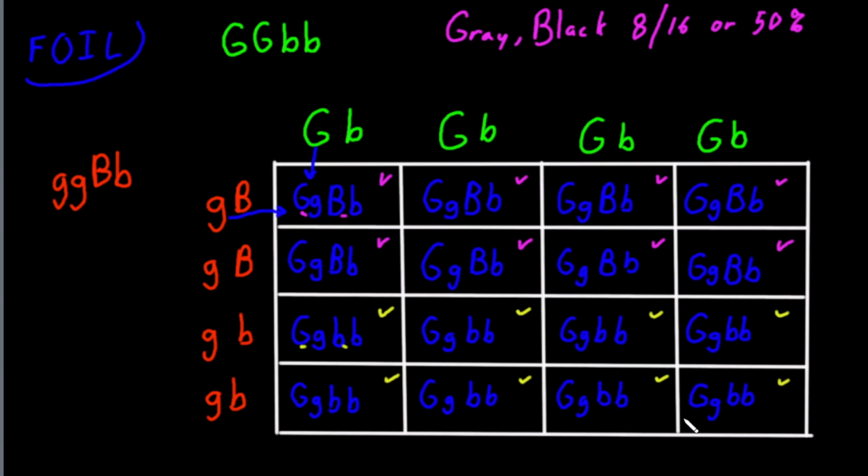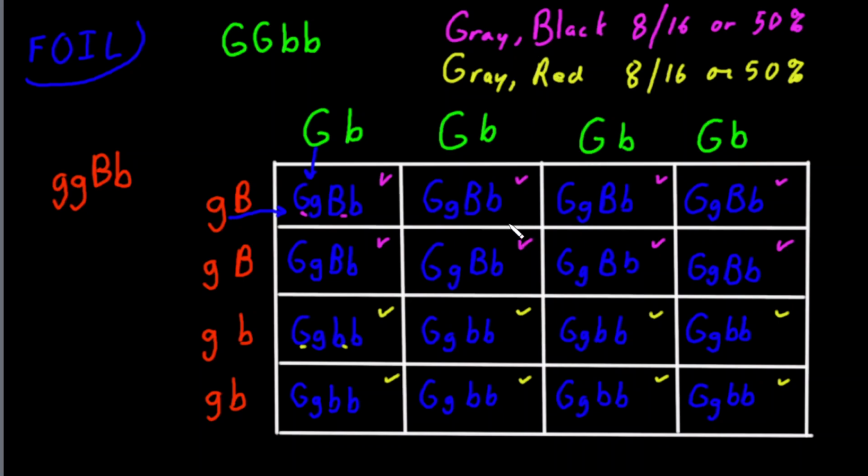Okay, so at this point I've actually counted all of my squares, and gray fur and red eyes is also 8 out of 16, or 50%. And so all of my potential offspring have those two phenotypes.